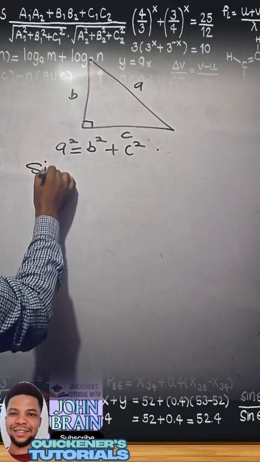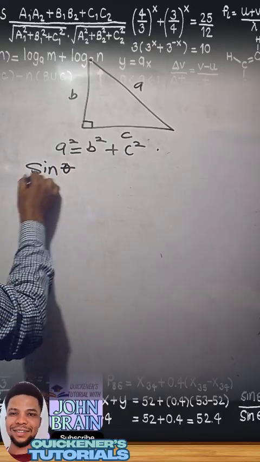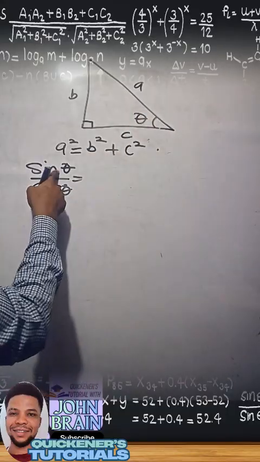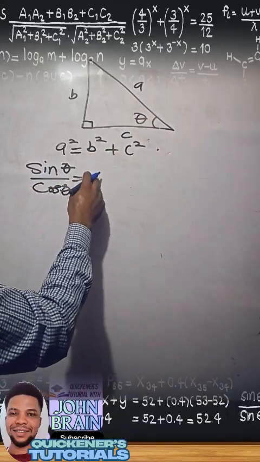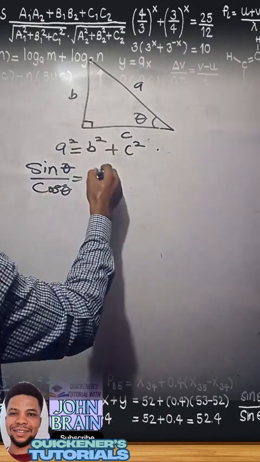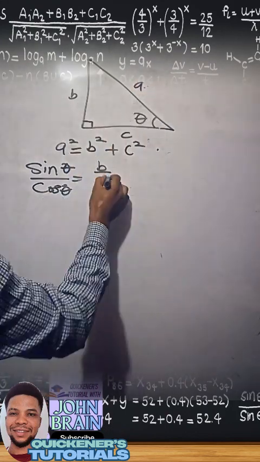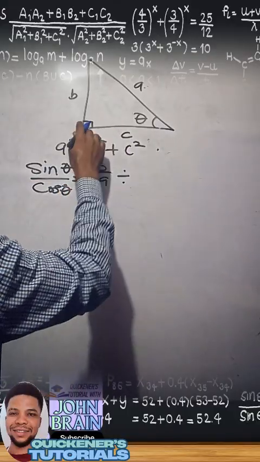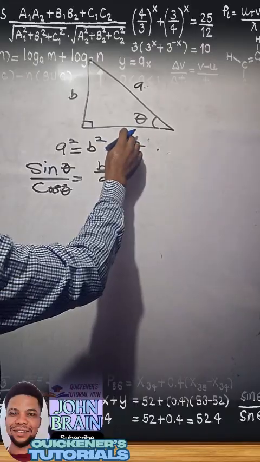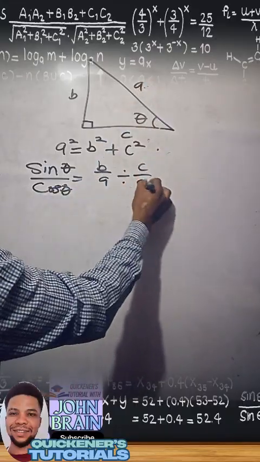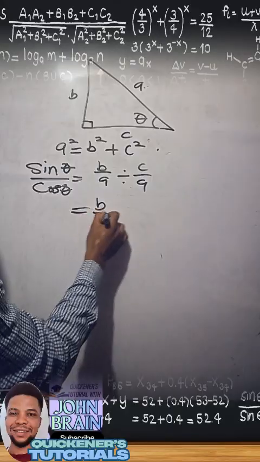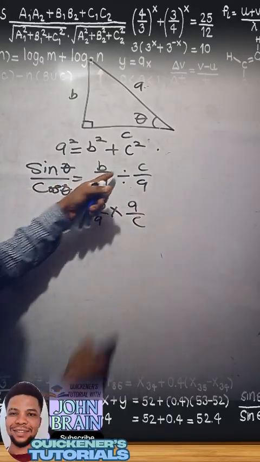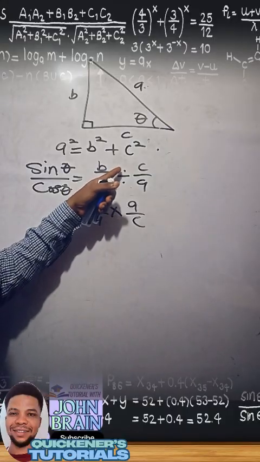Now, sin theta over cos theta. Assuming I have my theta here, sin theta over cos theta will have what? Sin theta is B over A, divided by cos theta, which is adjacent over hypotenuse, C over A. So we have B over A times A over C. This is division, right?